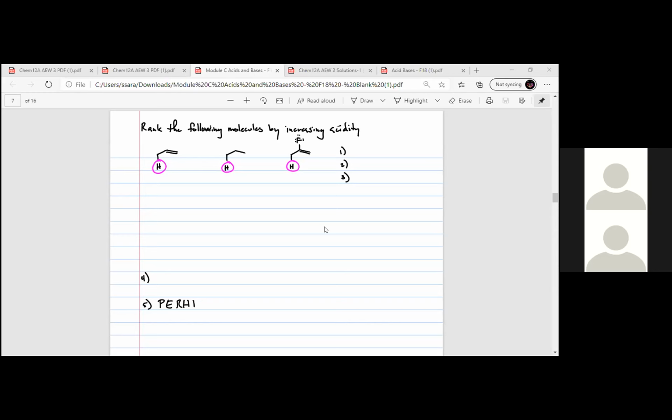We can do this problem, and I think there's an inductive effect in this, which I think is the fluorine.